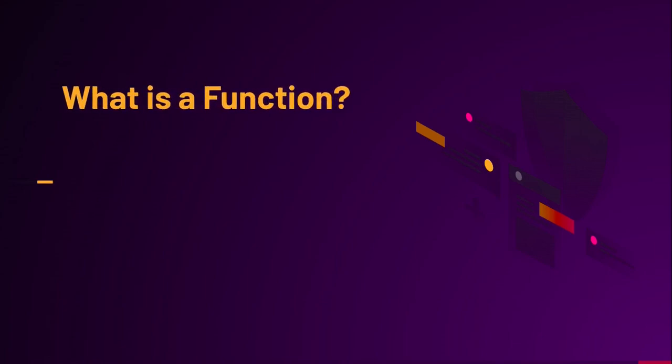Cool. So the first question you will ask yourself is, what is a function? A function is a block of code which only runs upon being called. When you define a function, you define it based on the application that you want to design.